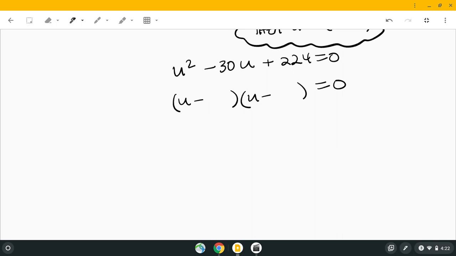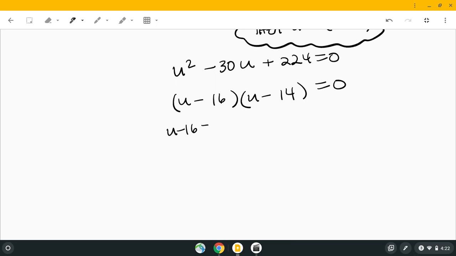Again, if you think it would take you forever to try to factor that, just use the quadratic formula. Okay, so it's 16 times 14, and that gives me the 224, and it also gives me the negative 30. Okay.